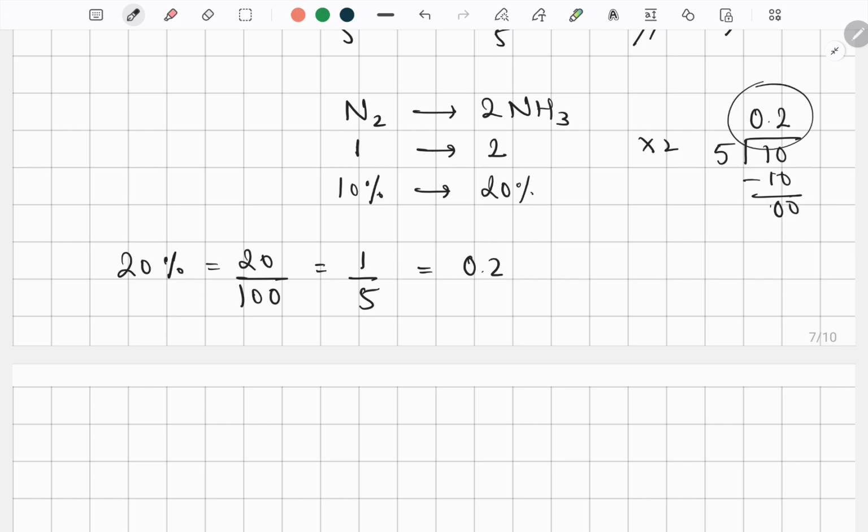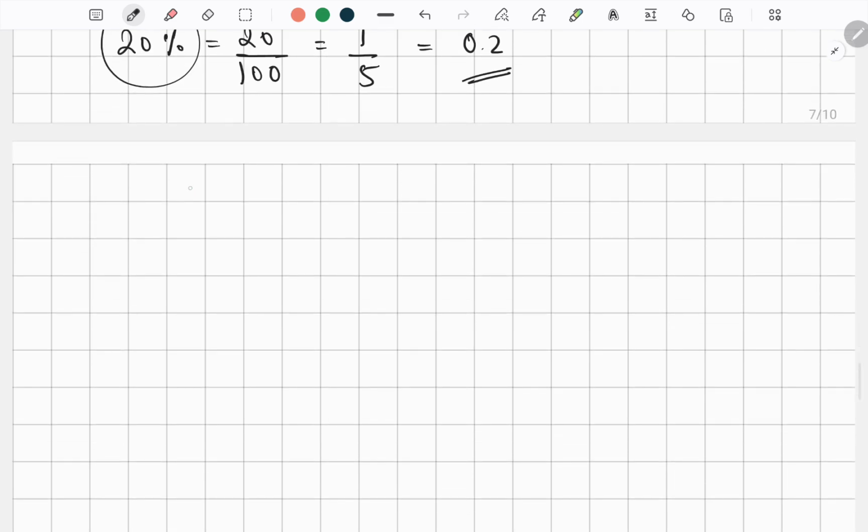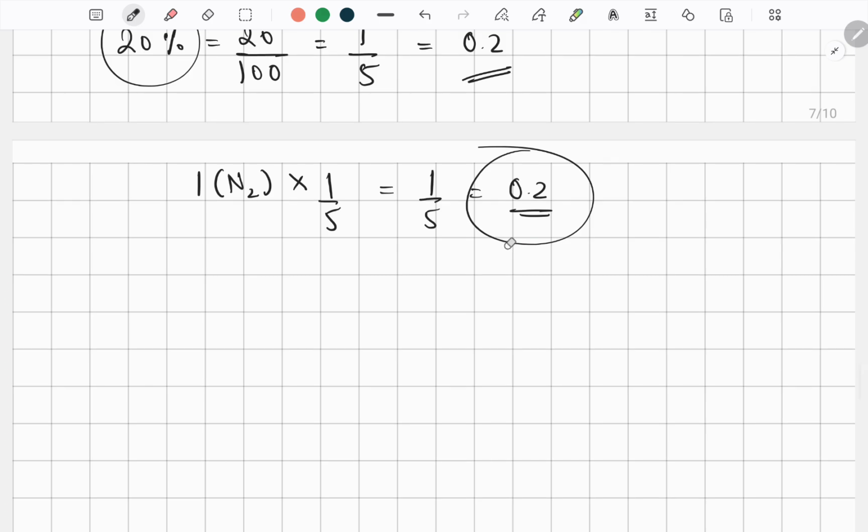So 0.2 liter of ammonia is nothing but 1/5 of the volume of N2, which is nothing but the 20%. Now let's say one volume of nitrogen N2 into 1/5, which is 1 by 5, is nothing but 0.2 liter of ammonia.